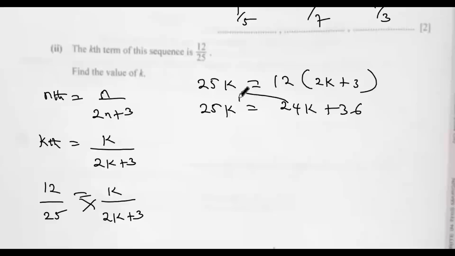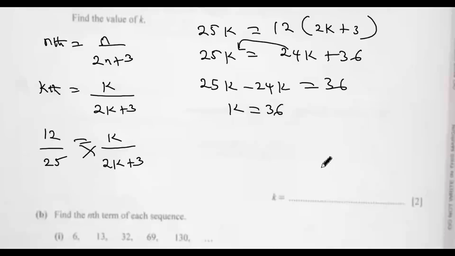Bring this to the left hand side: 25k minus 24k equals 36. So k is equal to 36. So the value of k is 36. You can try that. If you substitute 36 into this, you should get 12 over 25.